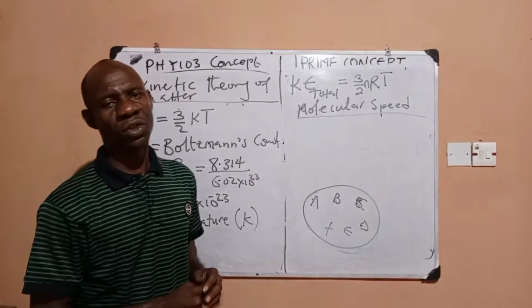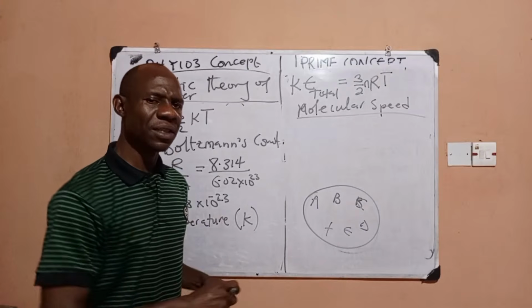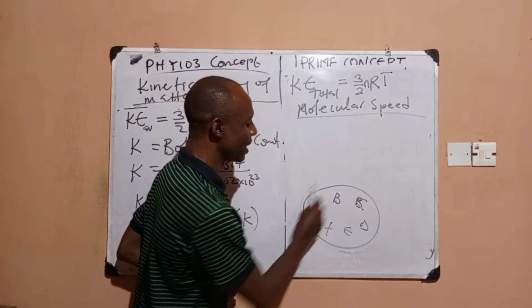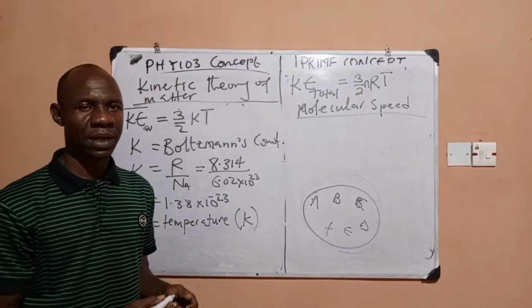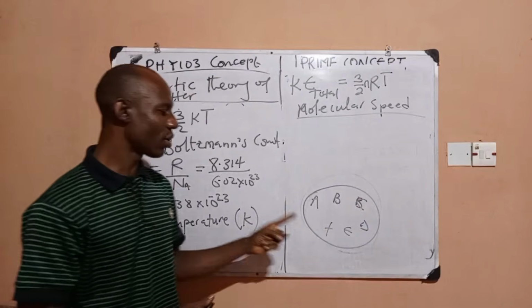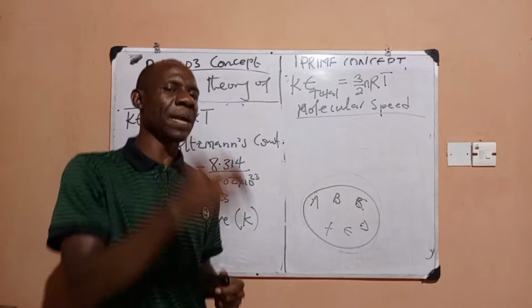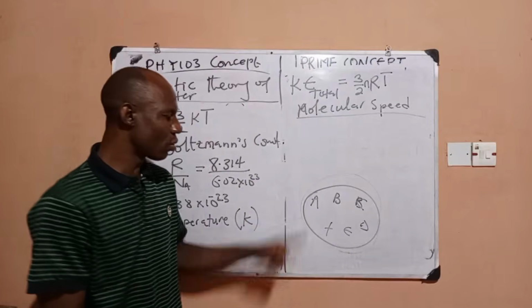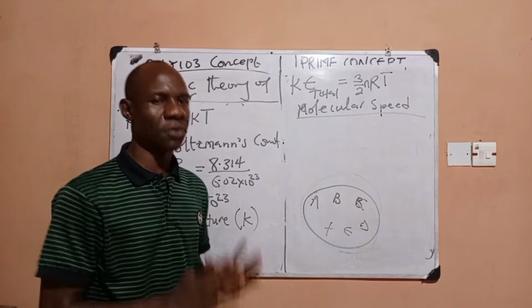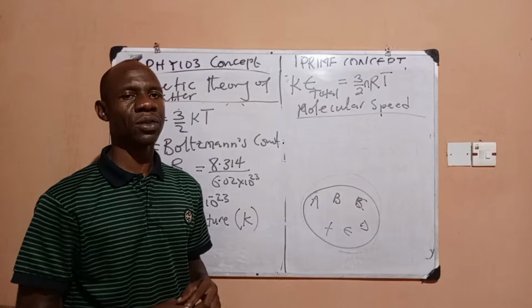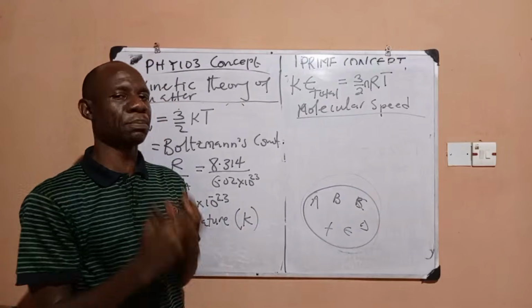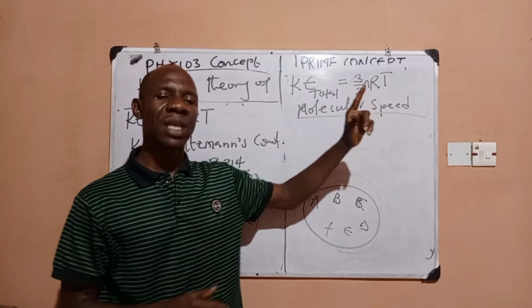Because of this, it will be difficult to talk about the speed of the whole system. Rather than talking about the speed of the whole system, we can look at different types of speed as a result of the different molecules of that gas. Those different speeds are what we call molecular speed.